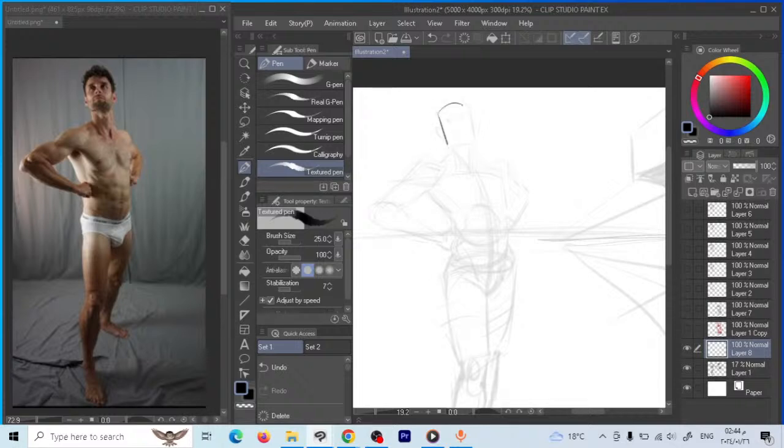Again, I'm going for the head, the eyes. Let's draw an angry man. Yeah, I draw better when the muscle is more showy than slim. Yeah, that's actually it.